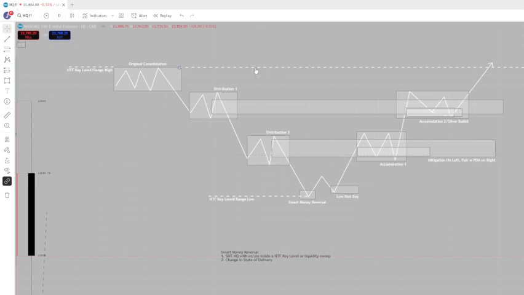Another thing you can do is take the fib tool and fib the whole thing from the range high up here to the range low, the smart money reversal, so original consolidation to the reversal.